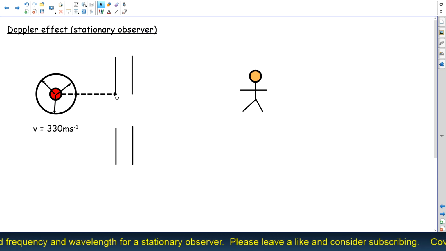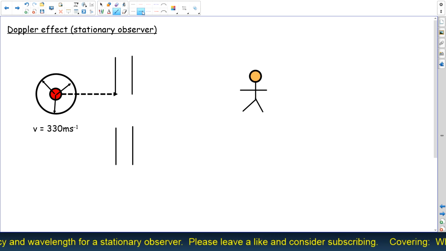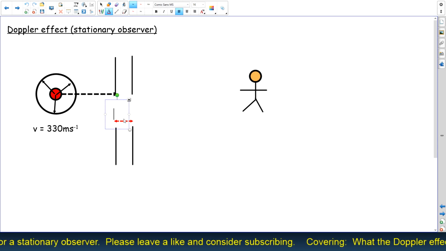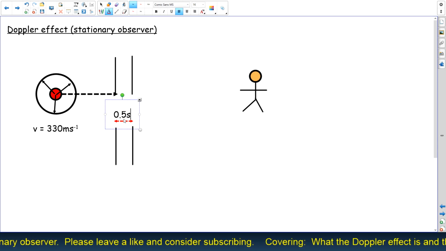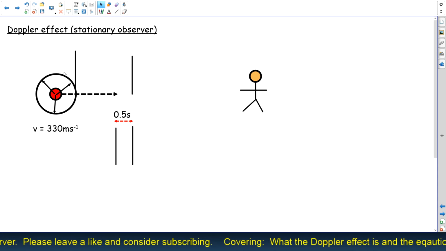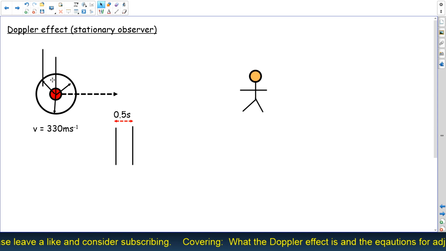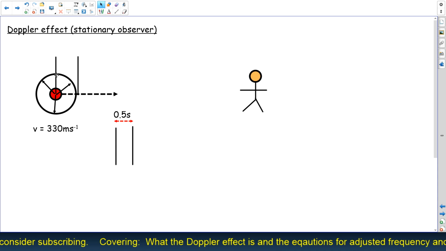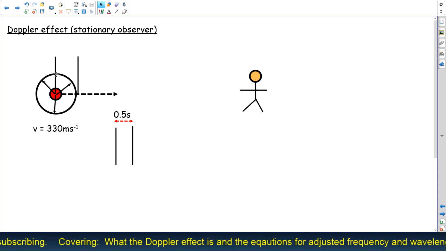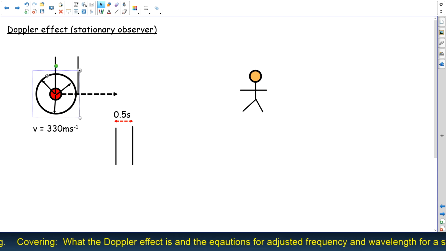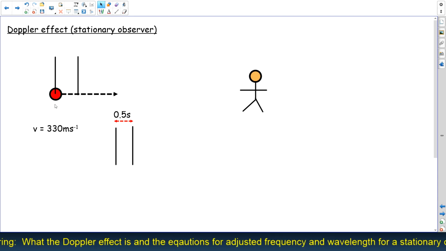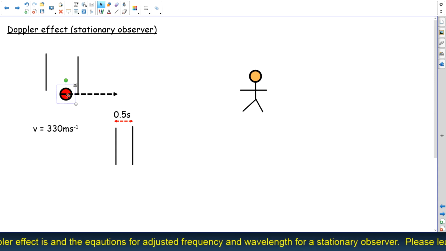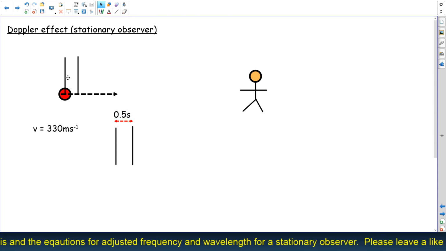If we produce these waves, and they have a set time period because they are being produced at regular intervals, say 0.5 seconds apart, then the very first wave is produced and travels forward at 330 meters per second. The second wave is produced 0.5 seconds later. But 0.5 seconds later, the ambulance is no longer here, but has in fact moved some distance forward when it produces its second wave.